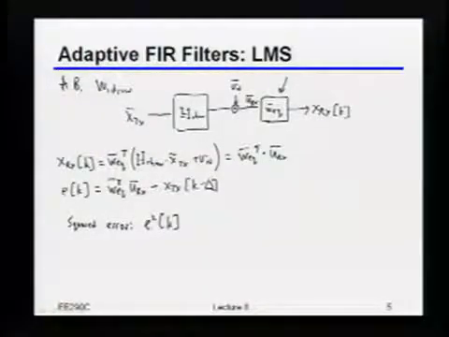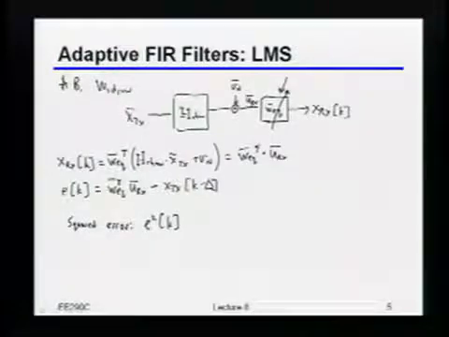Now, if I gave you a Math 101 or a Calc 1 kind of problem, here's some function and I want you to minimize it, what would you do? Take the derivative. So in this particular context, remember, the thing that we're tuning is the equalizer coefficients.